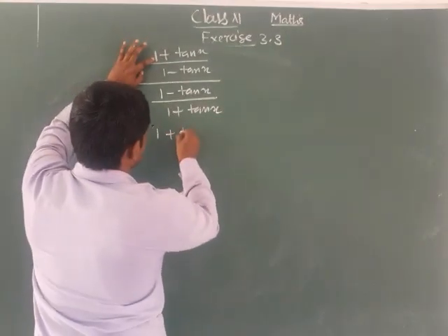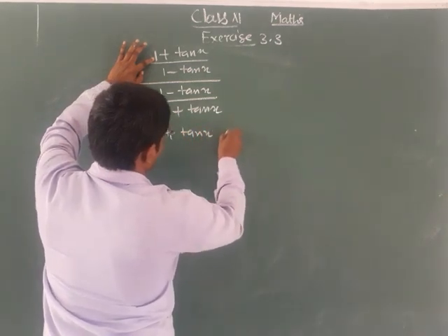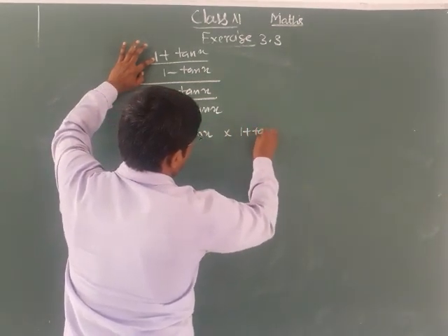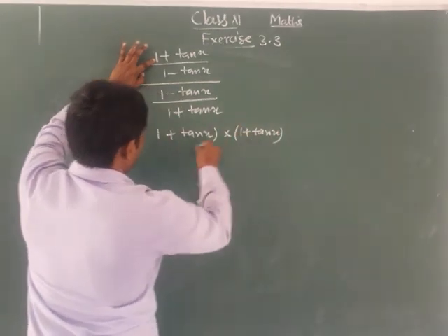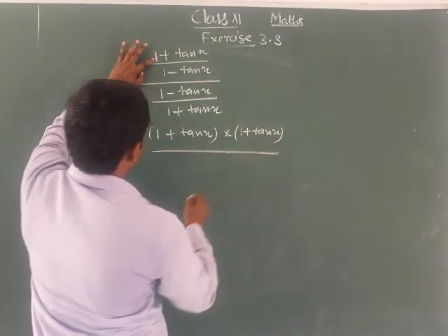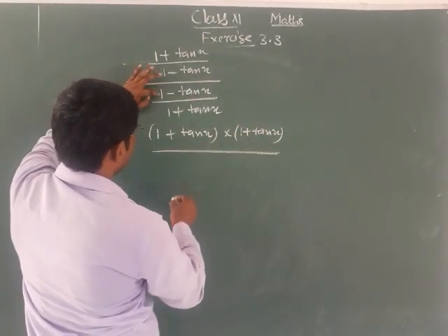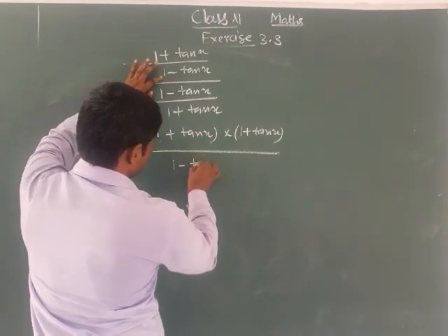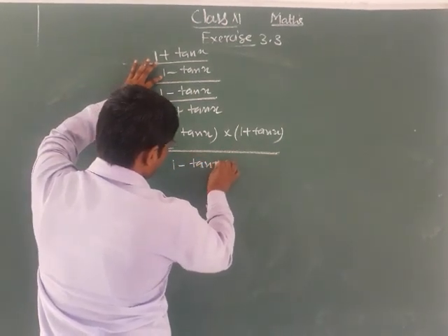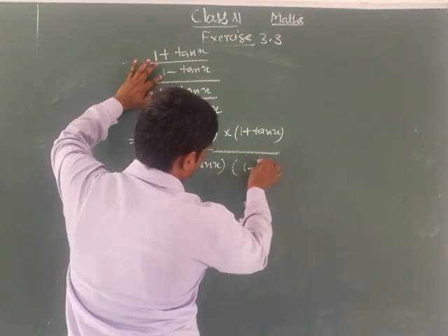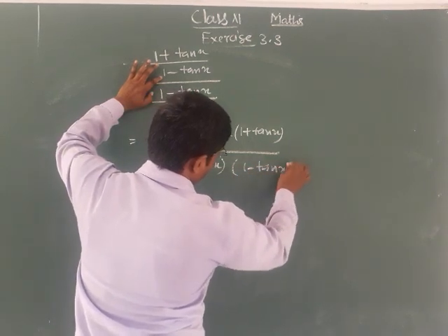First into last: (1 + tan x) into (1 + tan x), and the reverse, (1 − tan x) and (1 − tan x).